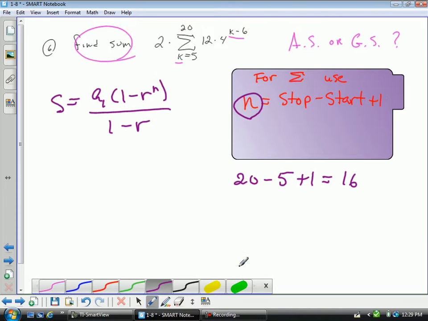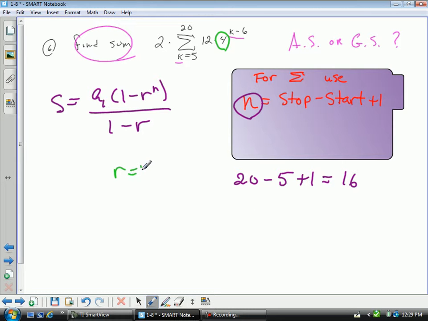Now, the next thing we have to find out is what is r? R is the base. So whatever is being raised to a power is r. So r is equal to 4. And we have to find out what's the first term. The first term is gotten by plugging in the start value. When you plug in 5 into k, you get this.